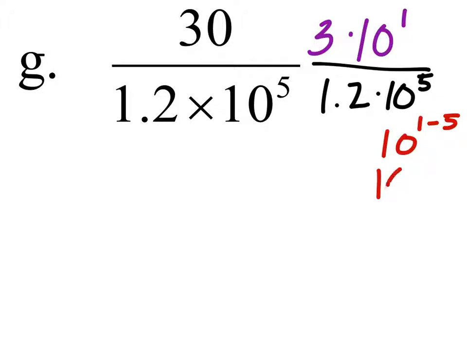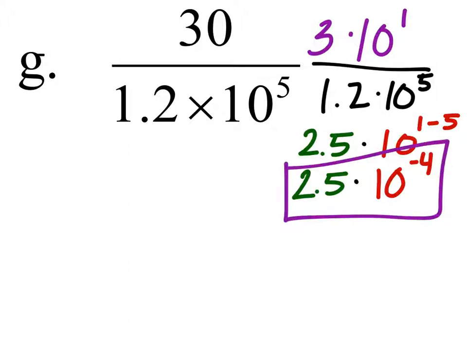That is 10 to the power of negative 4 now. Then I do 3 divided by 1.2. So that's 2.5 times that stuff. We're going to keep that, and that also gives us formal scientific notation right there.